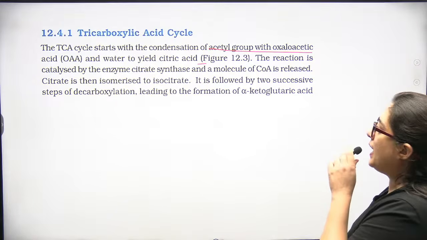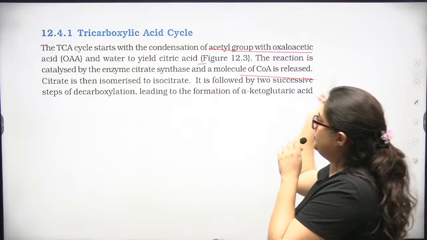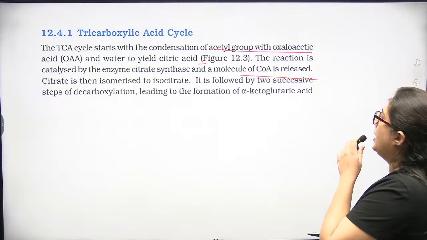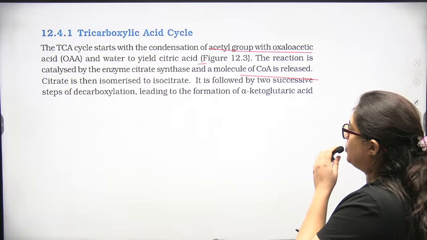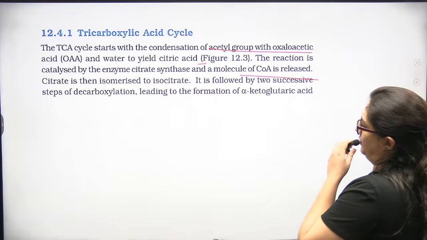The reaction is catalyzed by the enzyme citrate synthetase and a molecule of coenzyme A is released. Citrate is then isomerized to isocitrate. Okay, this is the reaction.